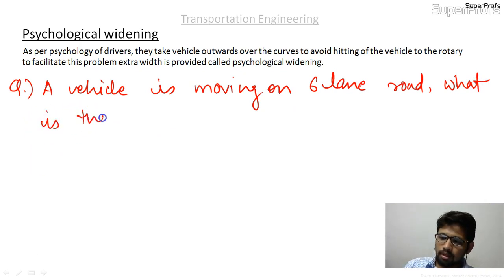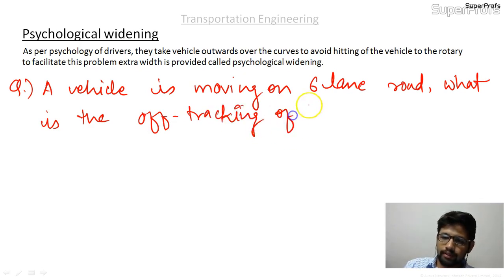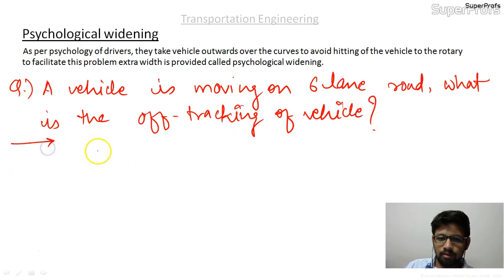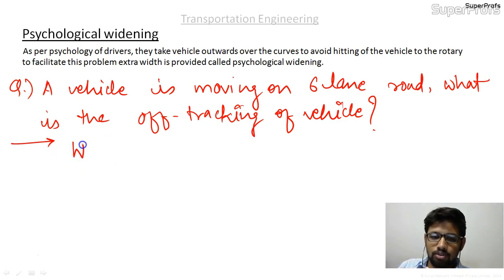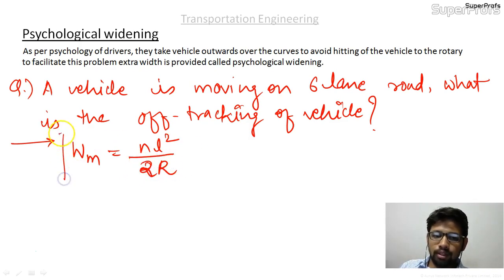What is the off tracking of the vehicle? Please think on this. I should write down the formula for the mechanical widening: Wm equals nL square upon 2R. So please try it out yourself, extrapolating from what I have taught.